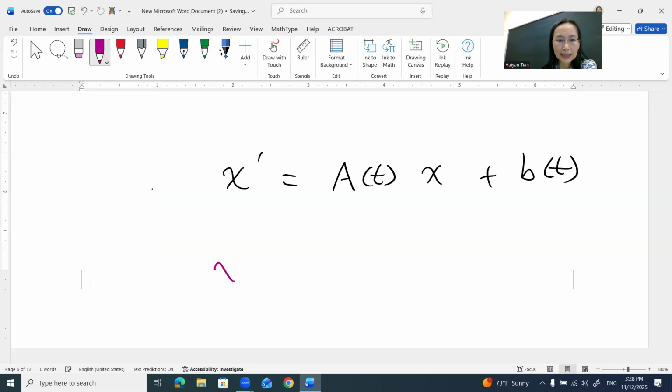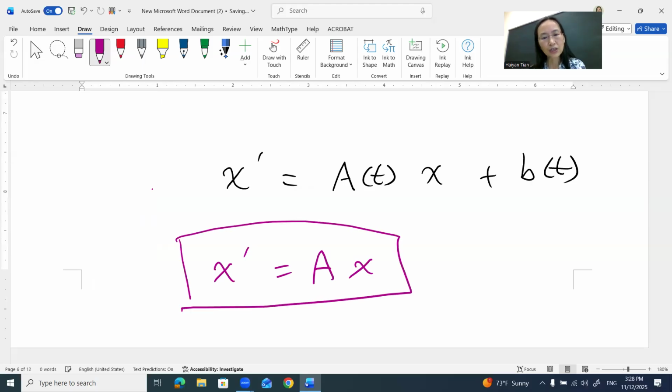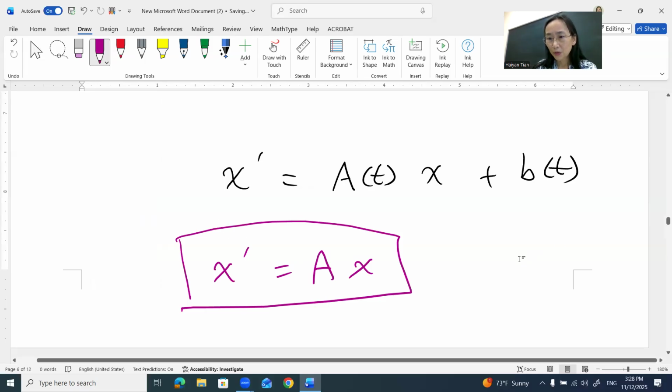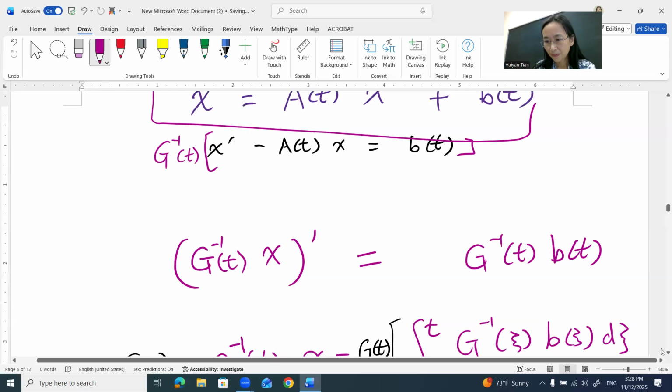What if I have A as a real valued matrix that does not depend on the t variable? So it is just this case with B even being 0. Let's just consider a constant coefficient matrix, and can we find its fundamental matrix?